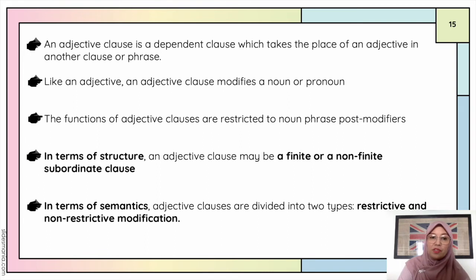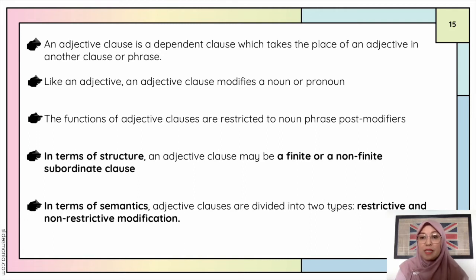The functions of adjective clauses are restricted to noun phrase post-modifiers. In terms of structure, an adjective clause may be a finite or a non-finite subordinate clause. In terms of semantics, adjective clauses are divided into two types. They are restrictive and non-restrictive modification.